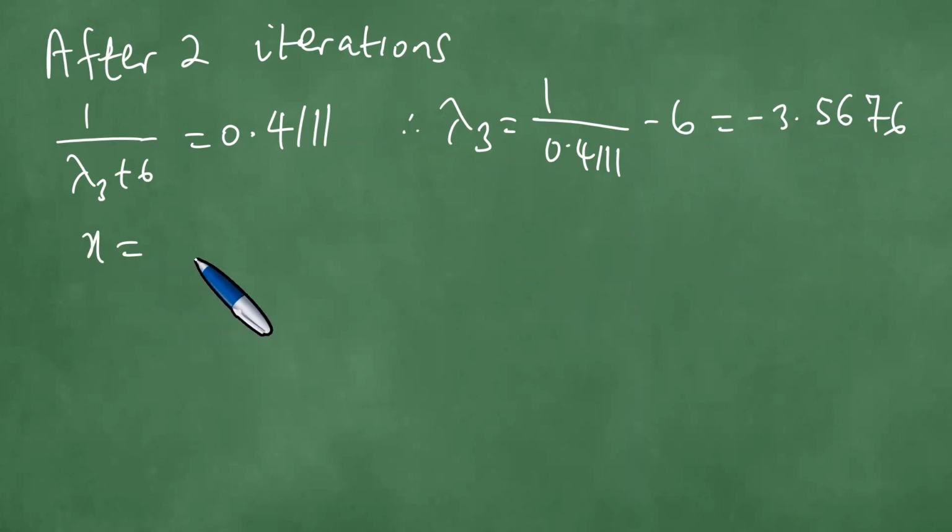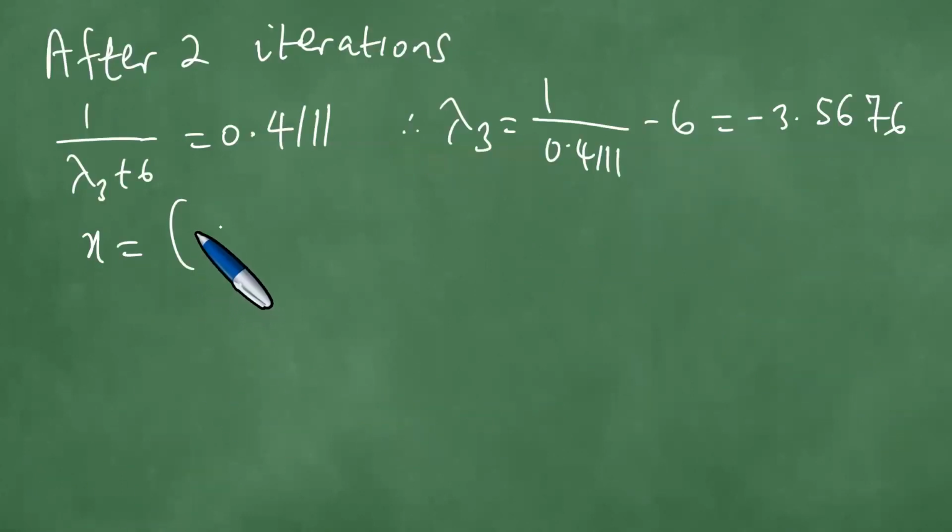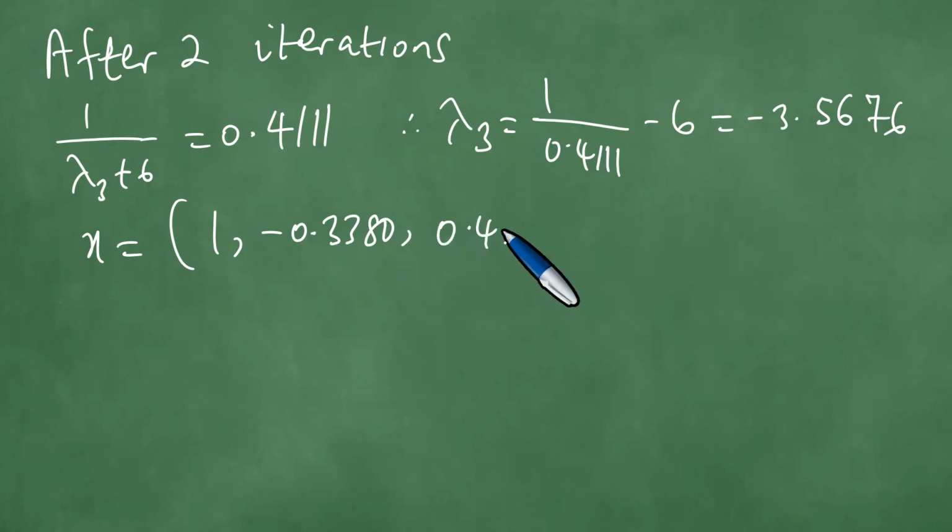X becomes the eigenvector, which is exactly 1, 0.3380, 0.4054.